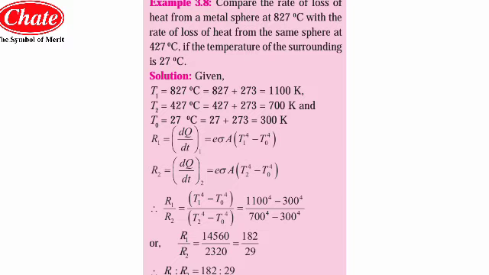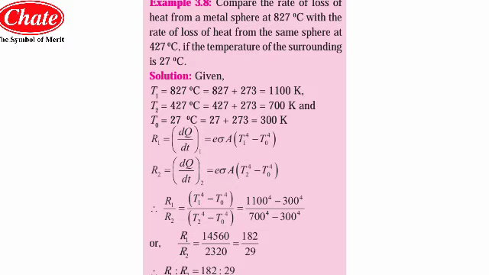So 427 plus 273 is equal to 700 Kelvin. And the temperature of the surrounding they have given is 27 degrees Celsius. So 27 plus 273 is equal to 300 Kelvin. So this is how we have got T1, T2 and T0 in terms of Kelvin.